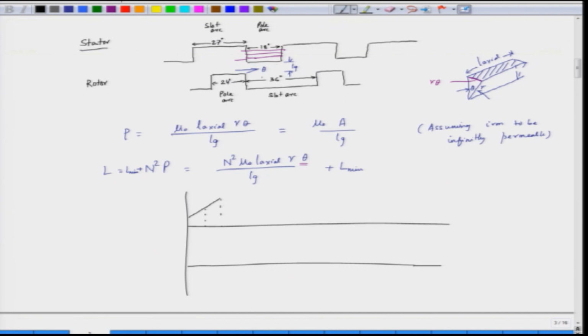Then the overlap continues till 24 degrees, so it means plus 6 degrees. So, this is 18 degrees, this is 24 degrees, and then the rotor goes away from the stator. The rotor slot will be coming here, the slot arc, which is 36 degrees.